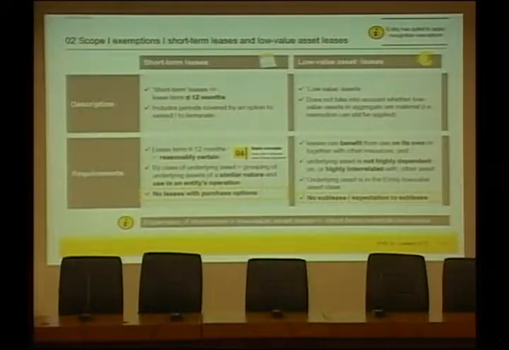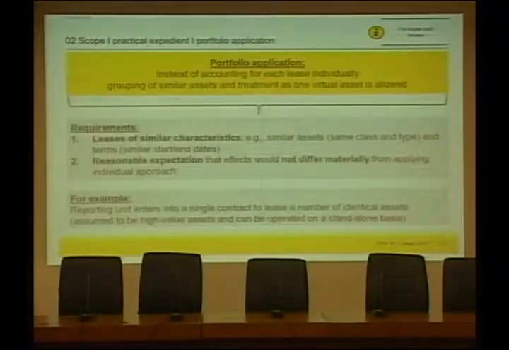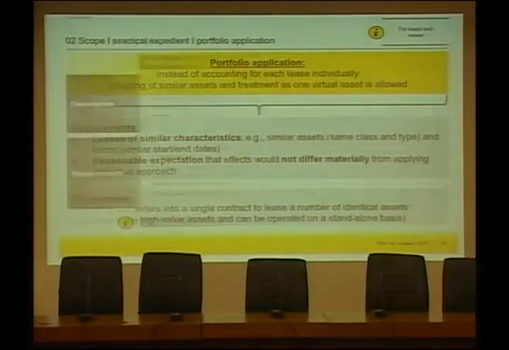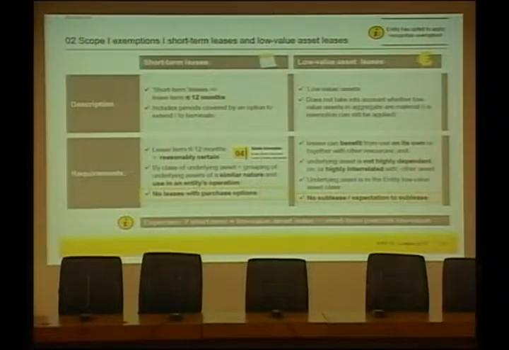This is what we have aligned globally with PwC. So it's a materiality aspect as well. One more tip: if you have to decide between a low value and short-term lease, go for the short-term. It's easier to defend.